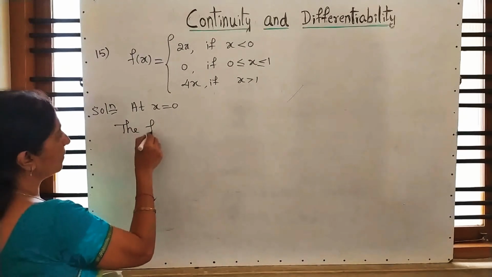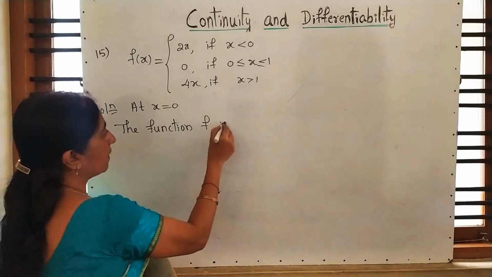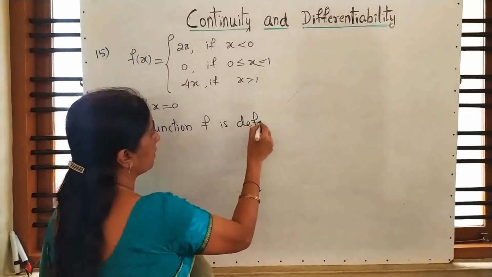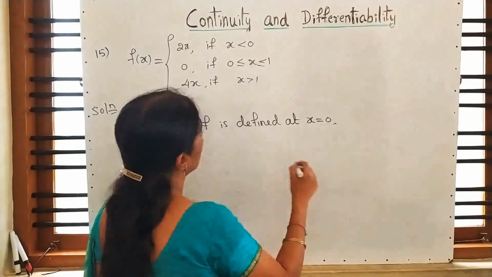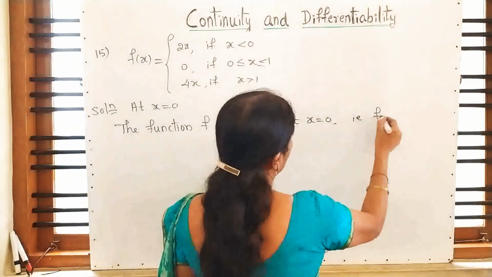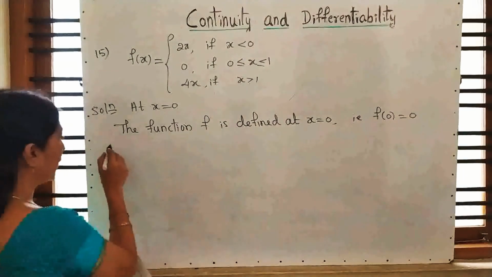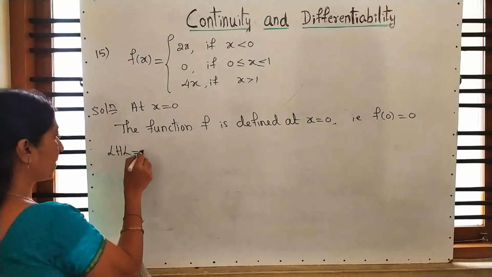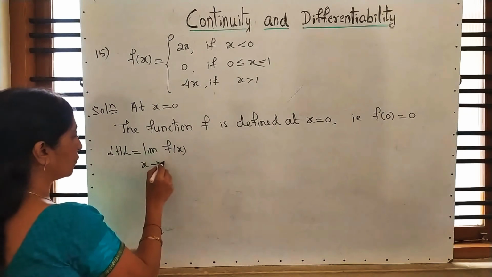The function f is defined at x is equal to 0. That means f of 0 is 0. Correct? And see the left hand limit: limit f of x as x tends to 0 minus.